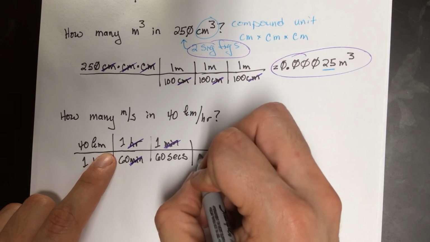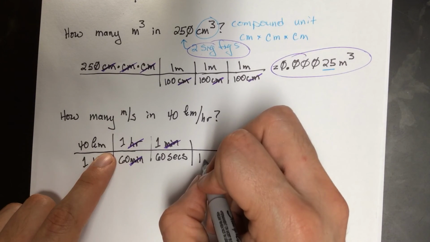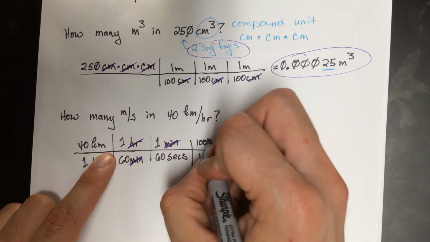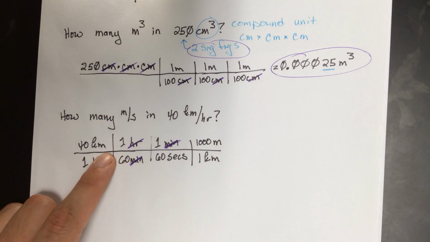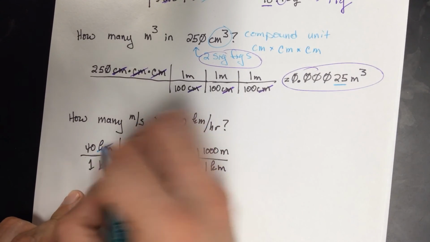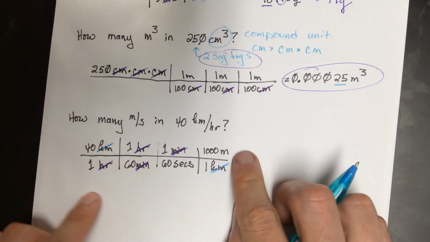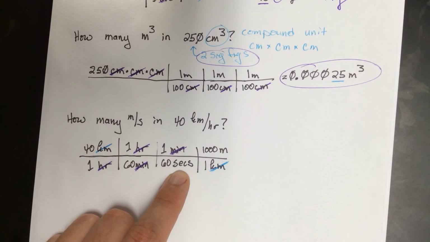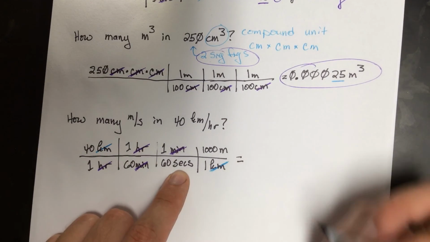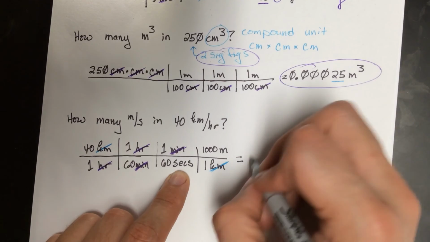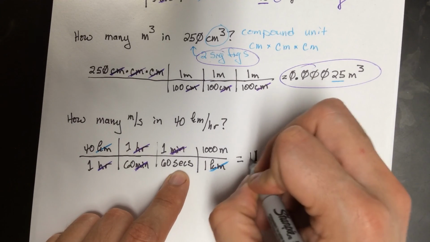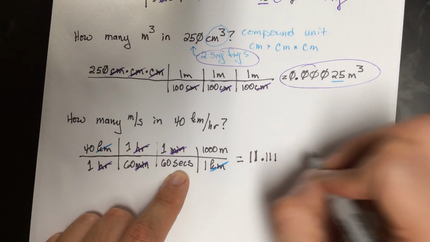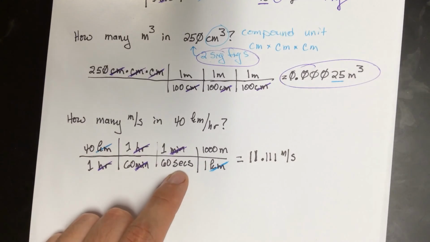So I'm going to pull up in my mental database that 1 kilometer is equal to 1,000 meters. And that will allow me to cancel out my kilometer units, leaving me with meters over seconds, or meters per second. When I plug that into my calculator, it says that there are 11.111 repeating meters per second.